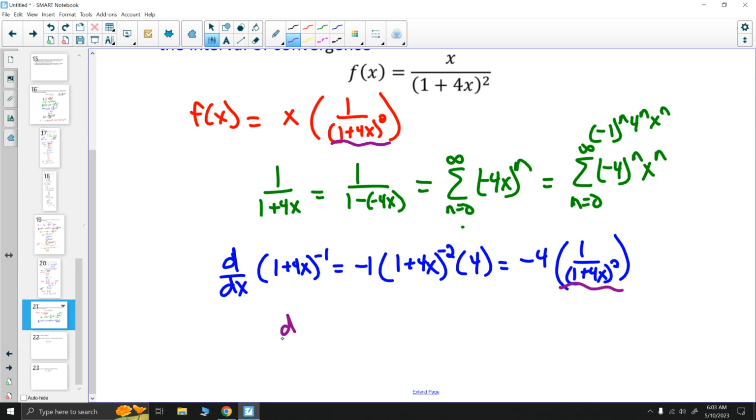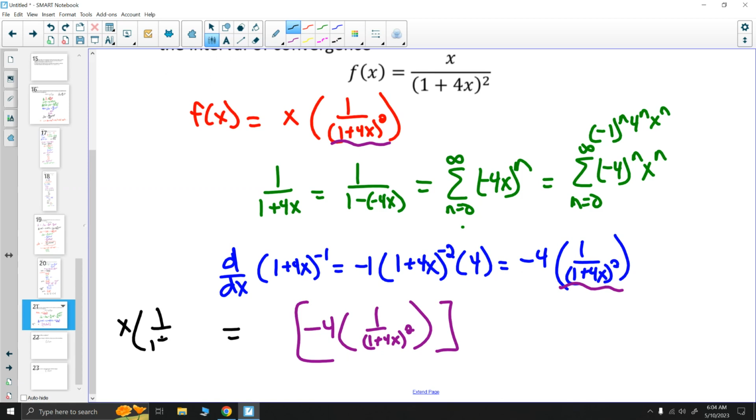Rather than writing out the derivative, let's just write that thing. If we take this negative 4 times 1 over 1 plus 4x squared, this is what we're trying to turn into this thing. So we want to make it equal to x times 1 over 1 plus 4x squared.